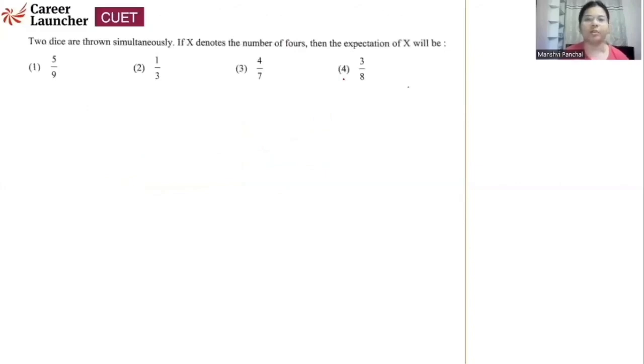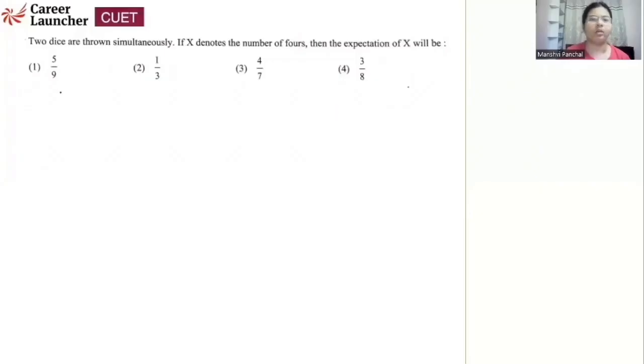Then we have question number 14. Here x represents the number of 4s obtained when the dice are thrown. So x can take 3 values, 0, 1 or 2, right?